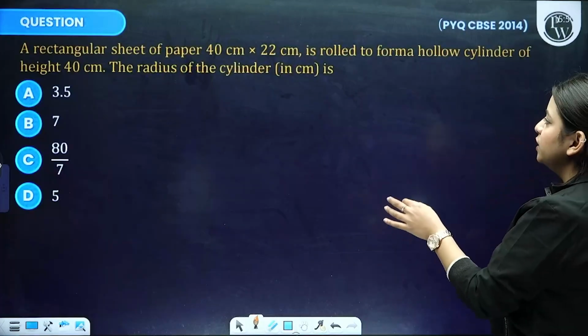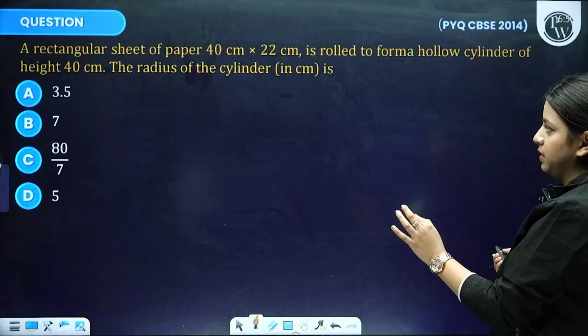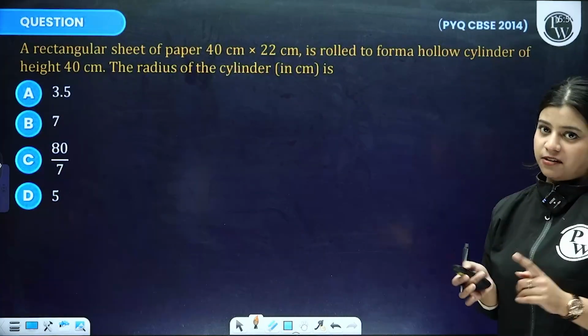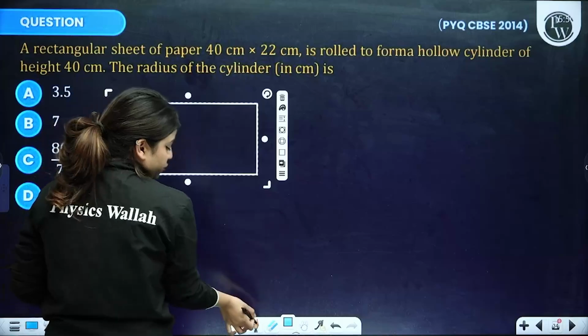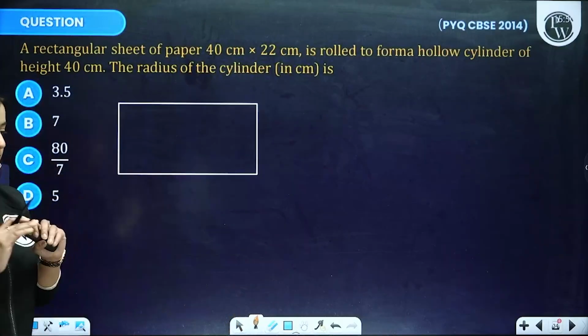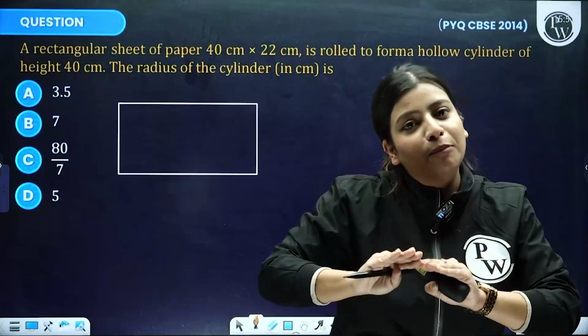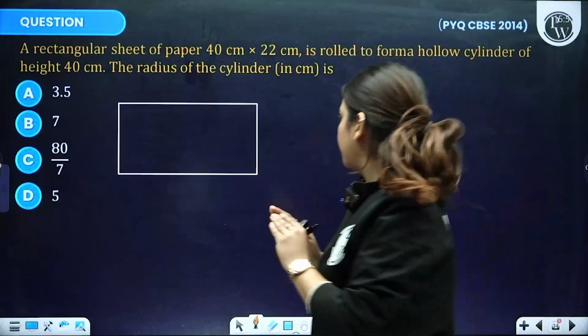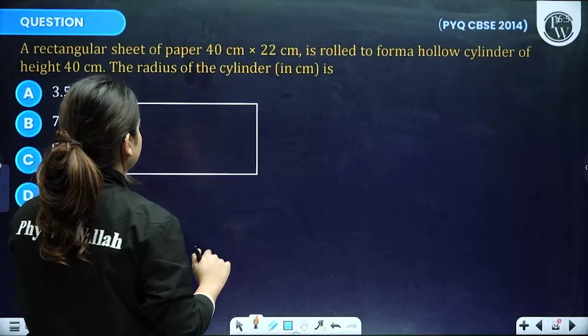A rectangular sheet of paper is rolled to form a hollow cylinder of height 40 centimeter. The radius of the cylinder is? See, there was a page, for example, a sheet. If you roll that sheet, that will be formed as a cylinder. Very simple thing. So basically, the rectangular sheet of paper, this is 40.